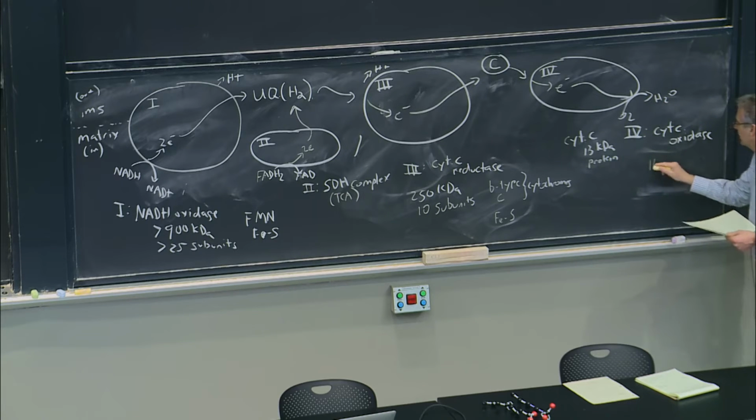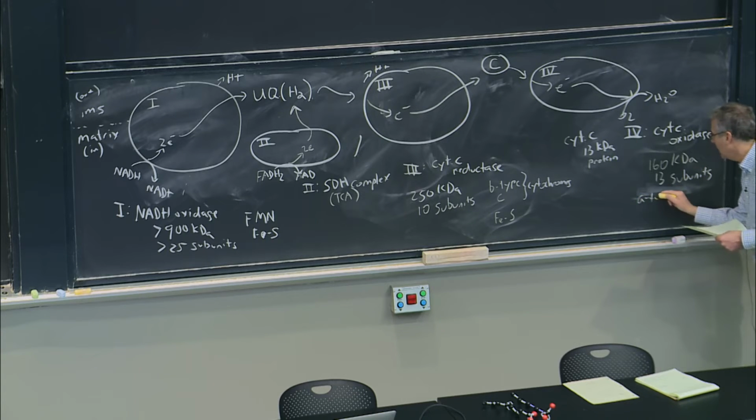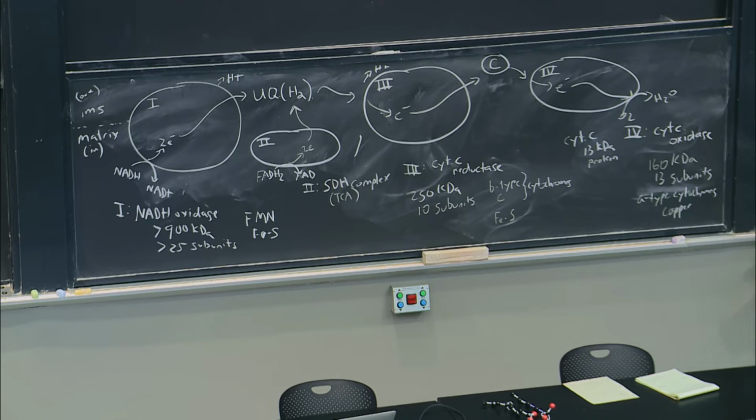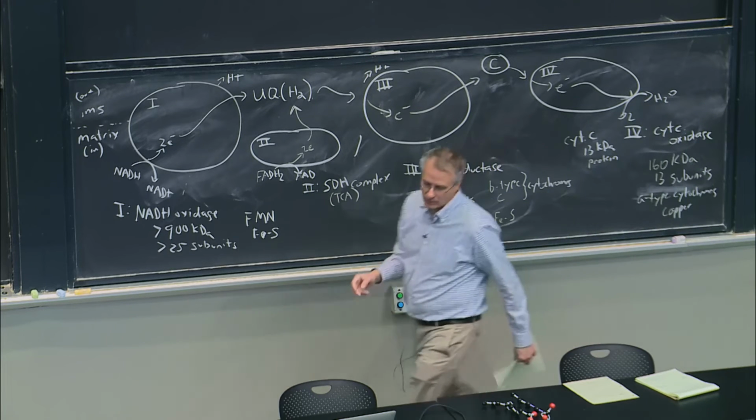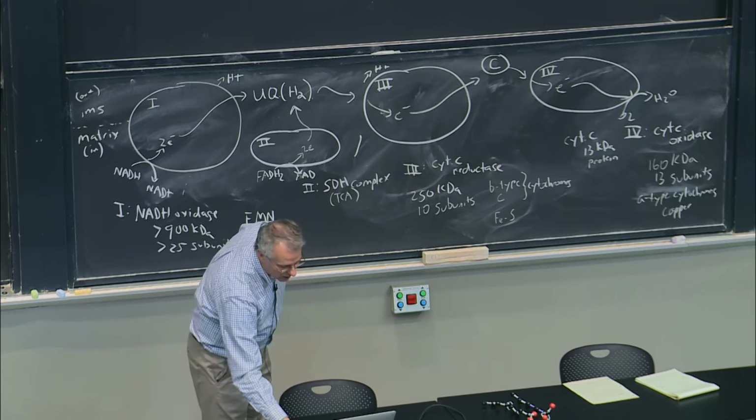So this is a 160 kilodalton protein complex with 13 subunits, uses A-type cytochromes and copper as electron carriers, and ultimately allows you to get electrons from cytochrome C to oxygen.